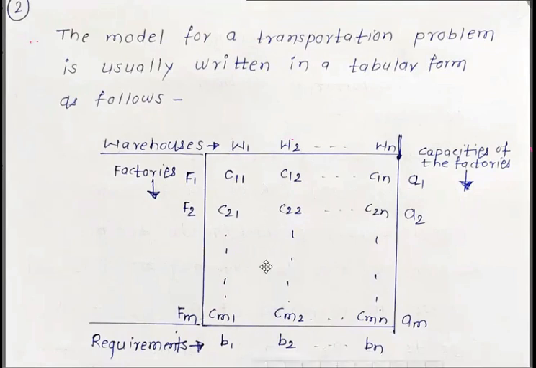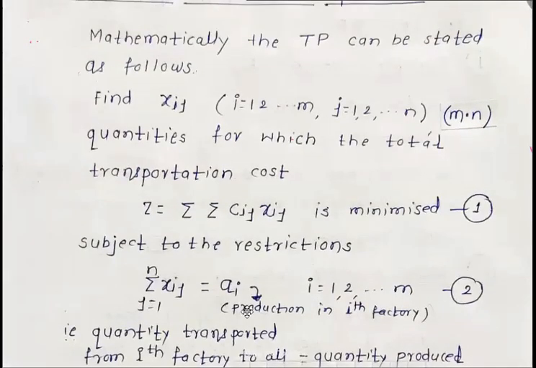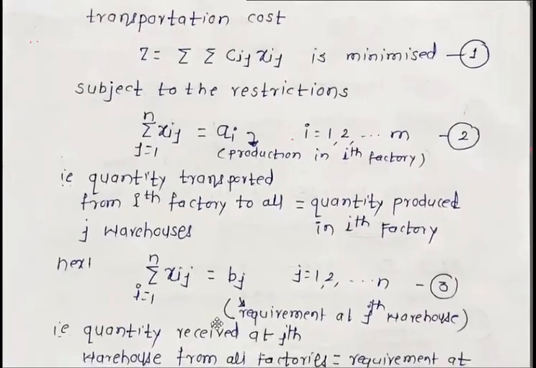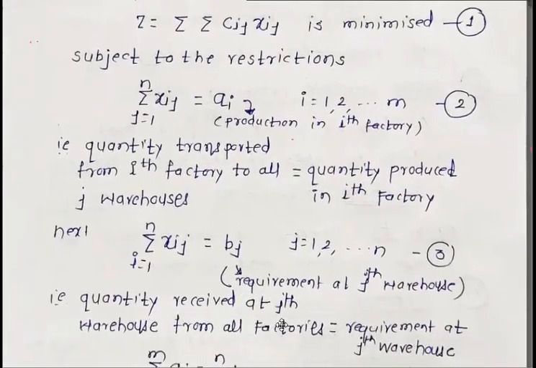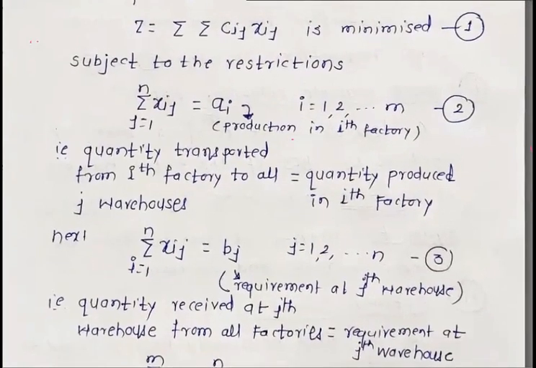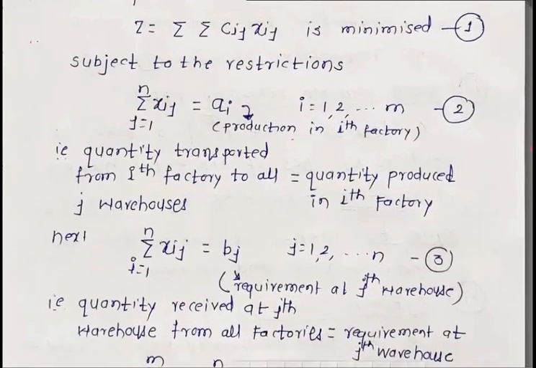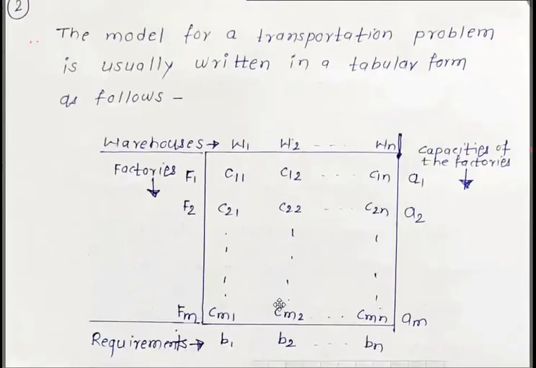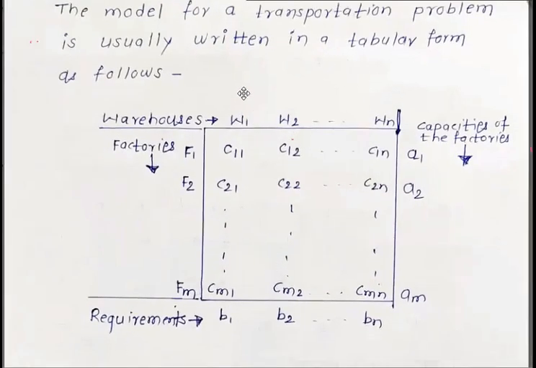Similarly, equation 3 gives you the column restriction. The quantity received at the jth warehouse from all factories is equal to the requirement at the jth warehouse. So consider the warehouse W2.